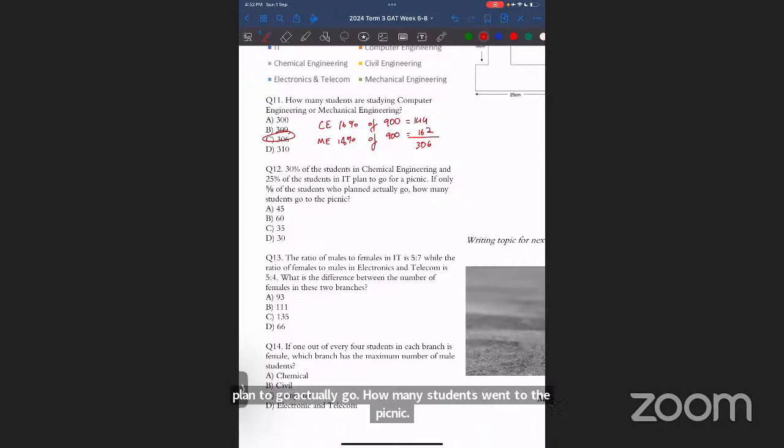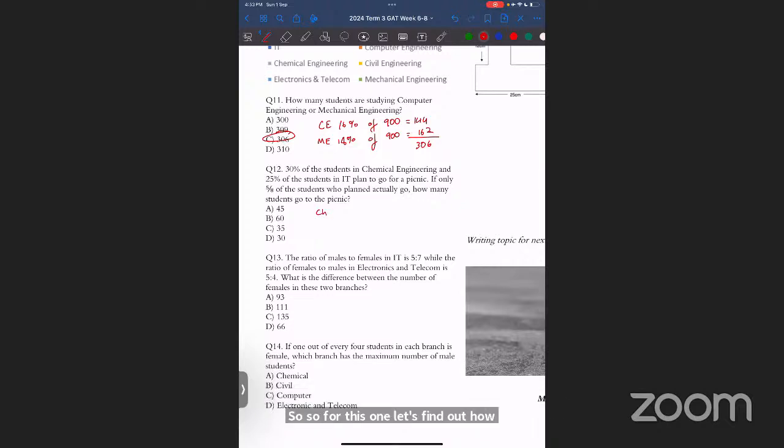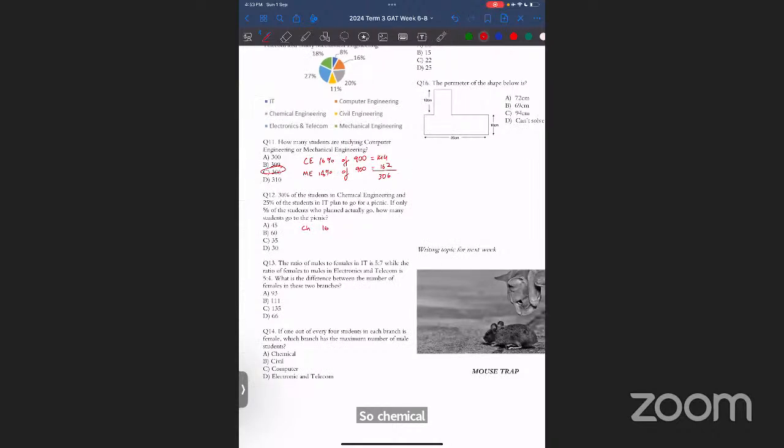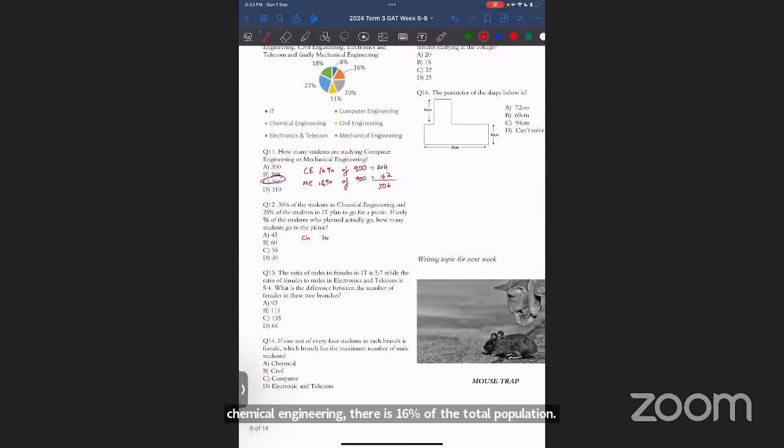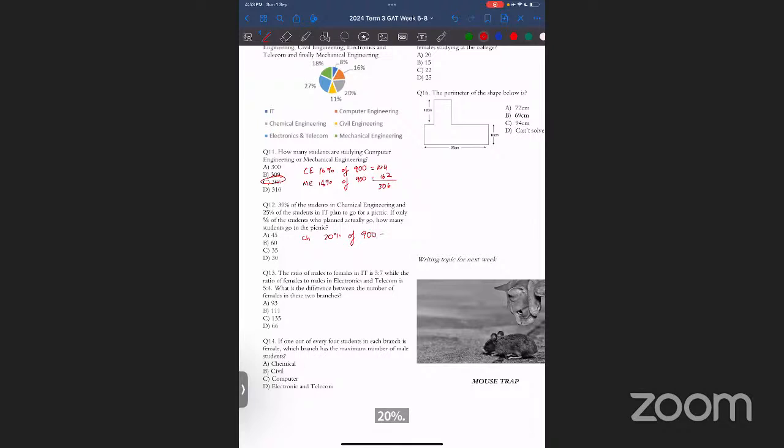For this one, let's find out how many students are in chemical engineering. Chemical engineering, there is 16% of the total population. Sorry, not 16%. No, sorry, 20%. My bad, 20%. 20% of 900 is equal to 180.